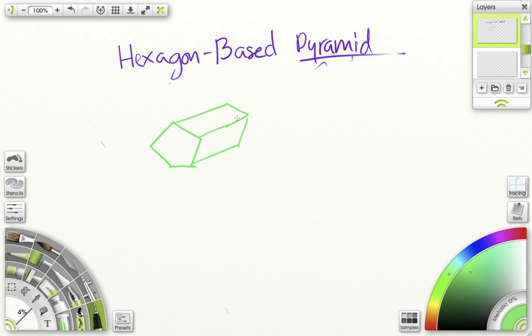What would that net look like? Well, if it's a prism, I know it has to have 2 pentagons. So it has to have 1 and 2. And I know that these are all rectangles that go around. So 1, 2, 3, 4, 5 rectangles, because there's 5 sides to the pentagon.